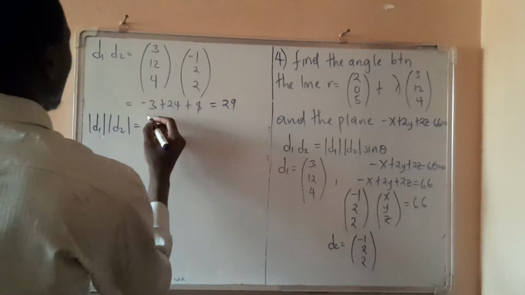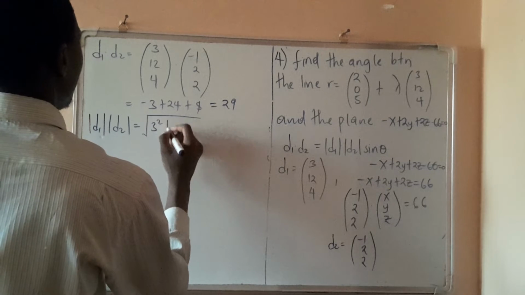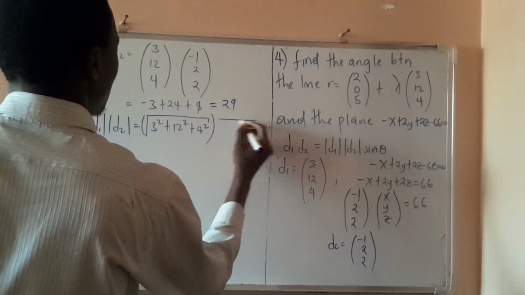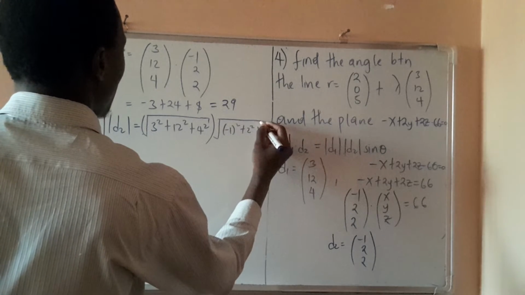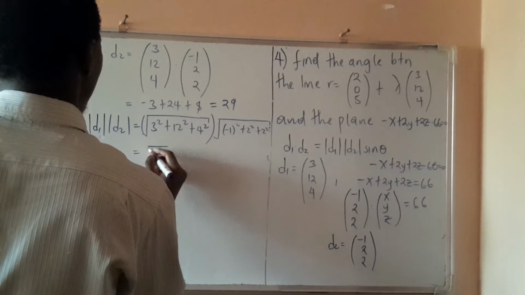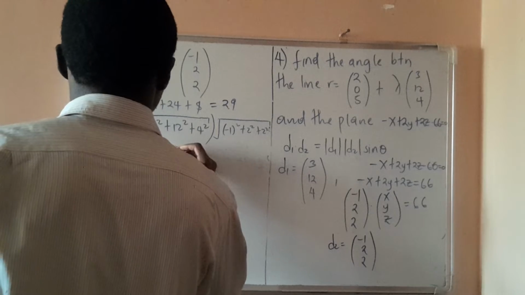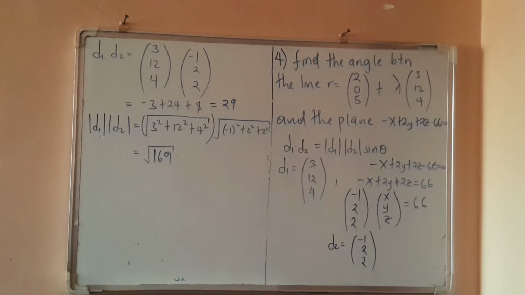So the magnitude of vector D1 is the square root of 3 squared plus 12 squared plus 4 squared, multiplied with the square root of -1 squared plus 2 squared plus 2 squared.